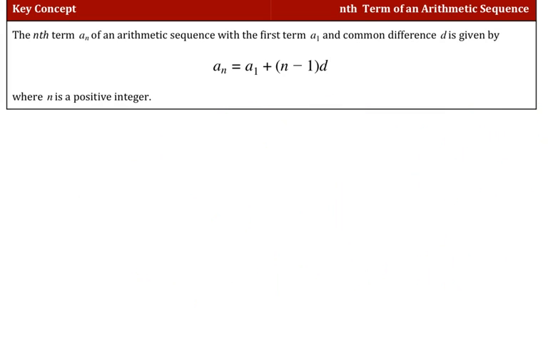So as we're looking at the equation here, a sub n is your nth term, and I do want you writing this so I can find the 1000th term if I want.